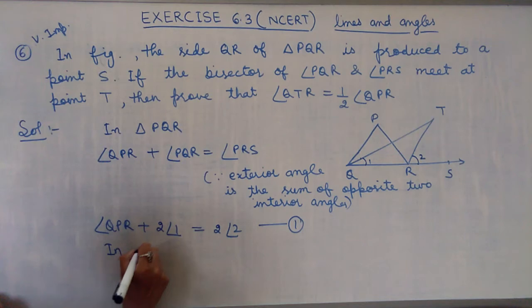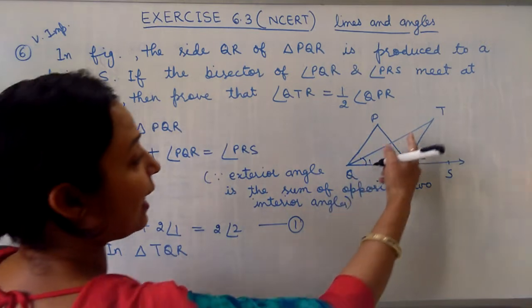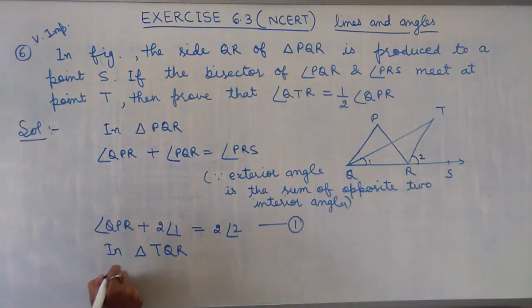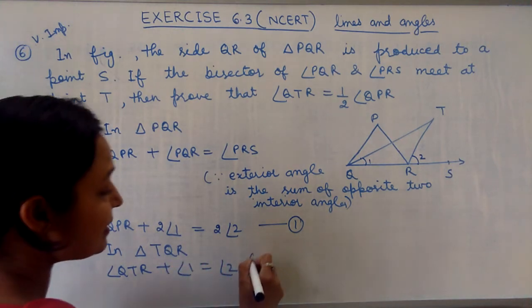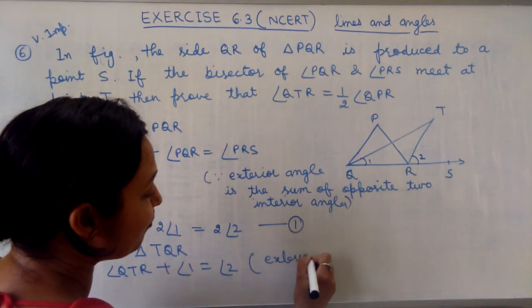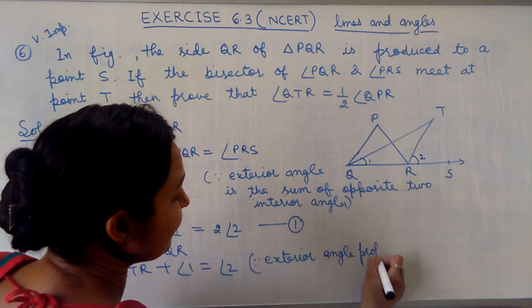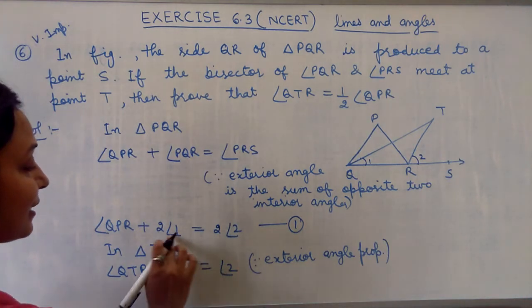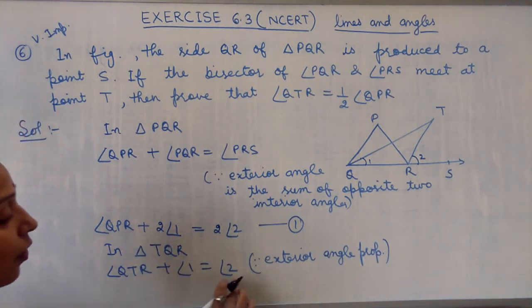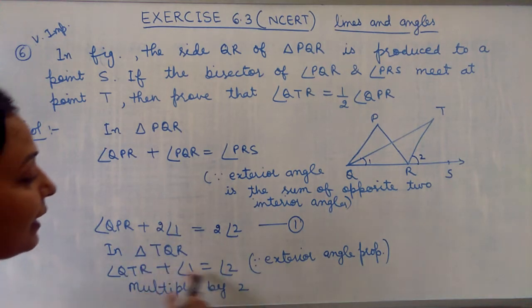Now in triangle TQR, what is the angle QTR? Angle QTR plus angle 1 is equal to angle 2. Same exterior angle property. But here there is no 2 multiplied, so I will multiply each term by 2.